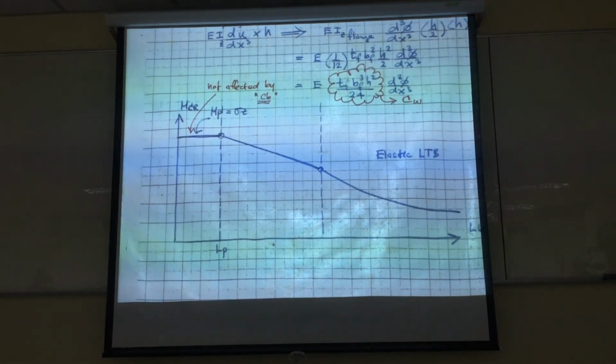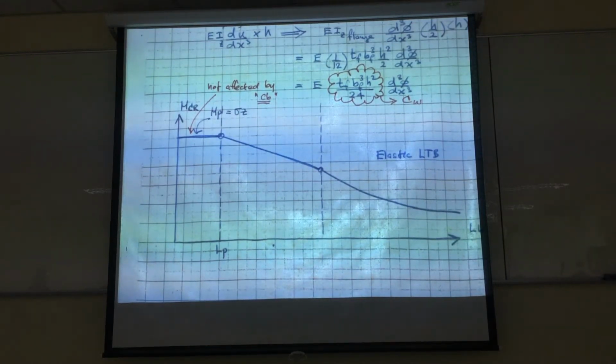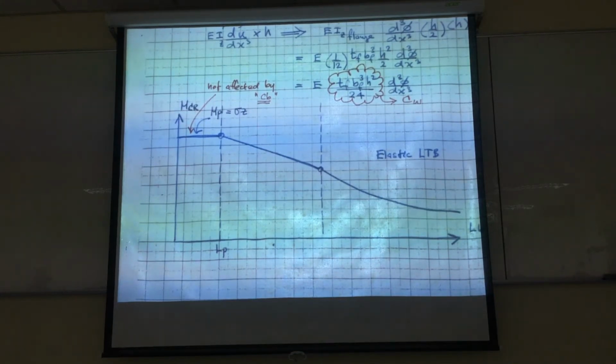You just take the cross section, find the plastic modulus, multiply by Fy, and that's it. It has nothing to do with the shape of bending moment. So the CB is for the lateral torsional buckling.